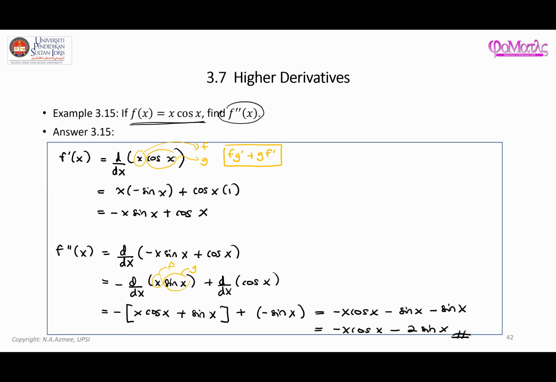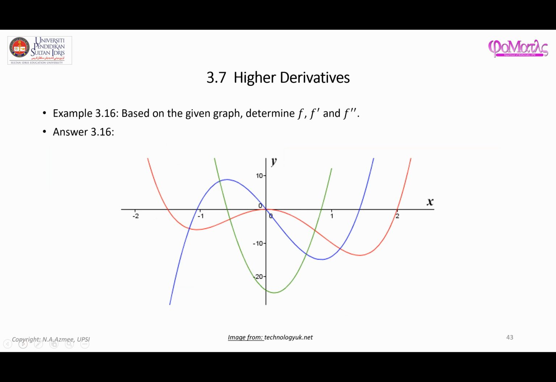Okay, now let's move on to this question based on the graph here, determine what is f prime and f double prime. So here is the original function, the first derivative and the second derivative.